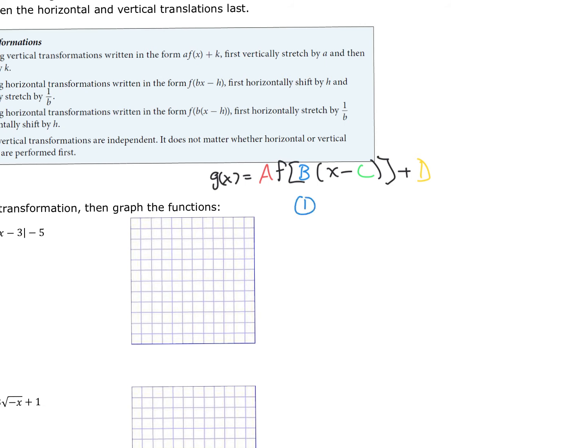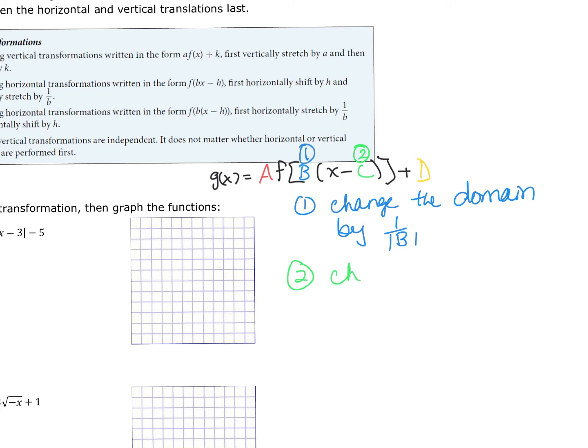I'm going to do B first, and this is going to change the domain, which means all my x's are going to be changed. And I'm going to take all my x's by 1 over b. I'm going to do the absolute value so I don't have to worry about a reflection. Then I'm going to take my c. I'm going to do c second. So b first, c second.